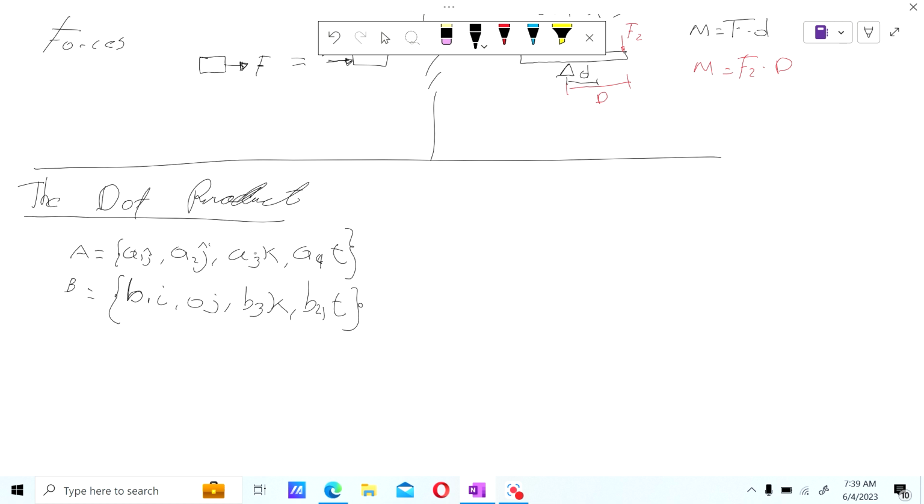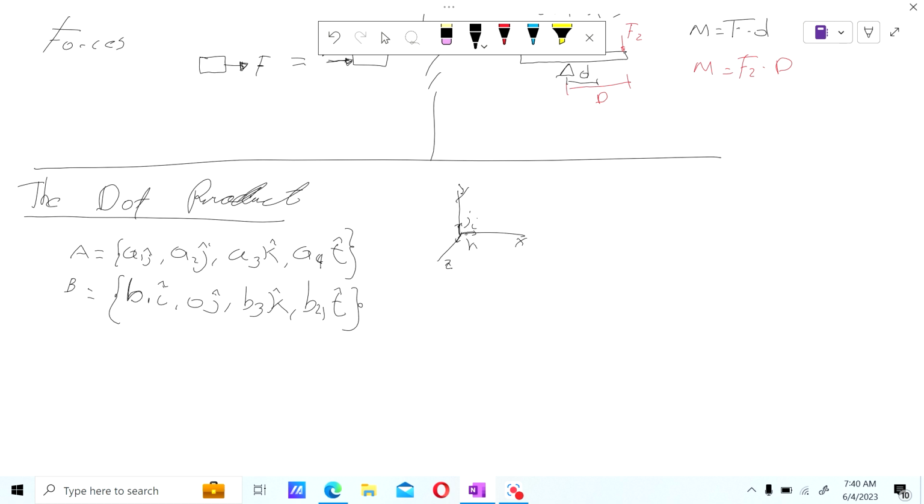Okay, so first of all, remember that the hats for I, J, K, and T mean the directions. We have X, Y, and Z with directions I, J, and K. That simply means the coordinate system X, Y, and Z is for coordinates in units of meters, inches, whatever, and I, J, K are for directions of vectors, typically with units of newtons or pound-force.